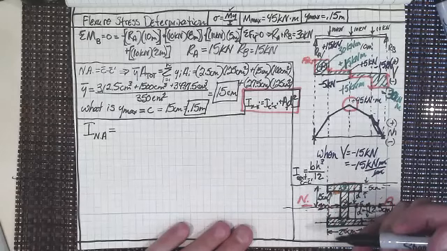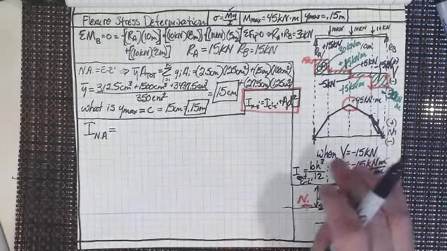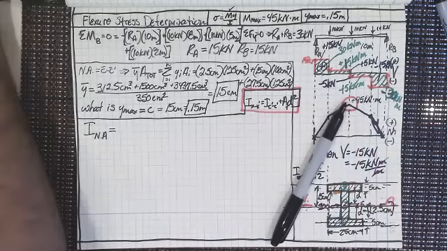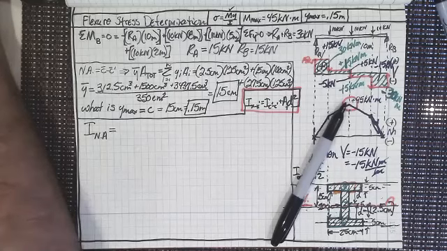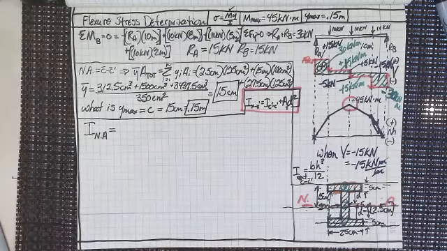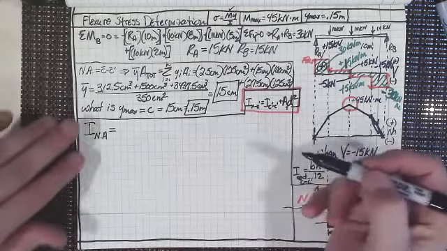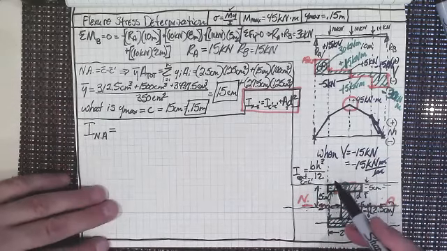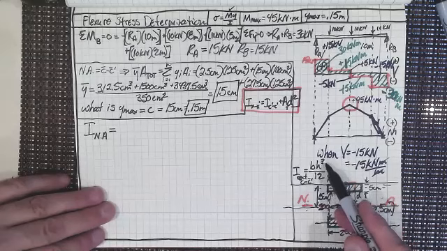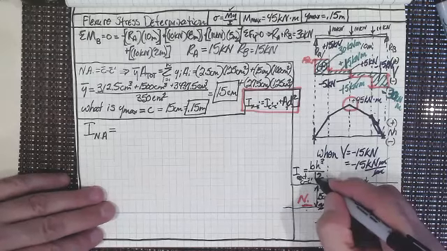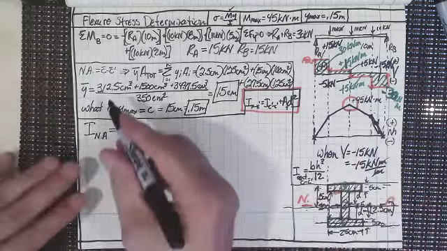BH cubed over 12. I should double check that, but I used it to solve the problem, so I'm pretty sure that that's what it is. And I think about the base, it's BH cubed over 3. I think I even derived this for you, so I'm going to go with that.